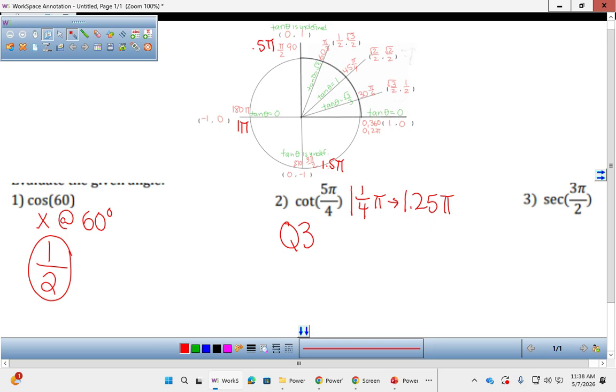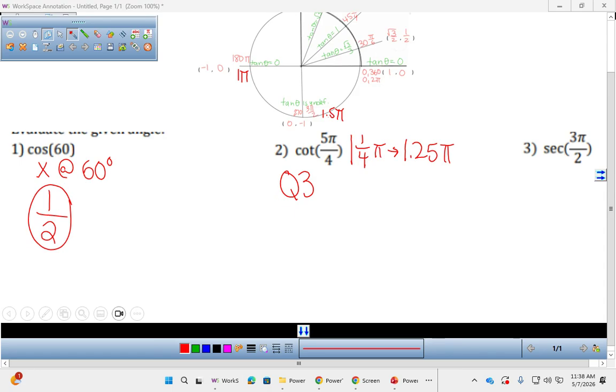I know that cotangent pairs with tangent. In quadrant 3, all students take, this is the T quadrant, tangent theta is positive, which means my final answer for this one is going to be positive. I also need to find the reference angle, which is really easy when you're given one like 5 pi over 4.